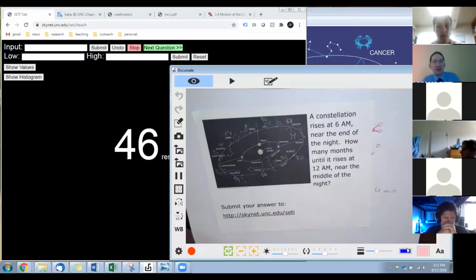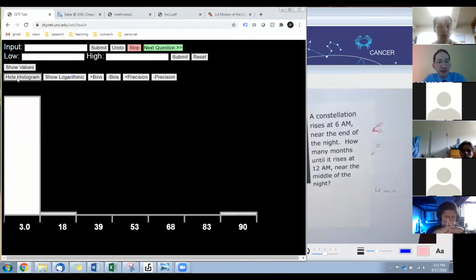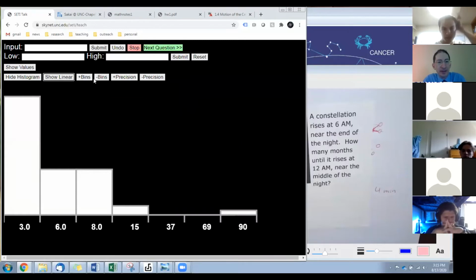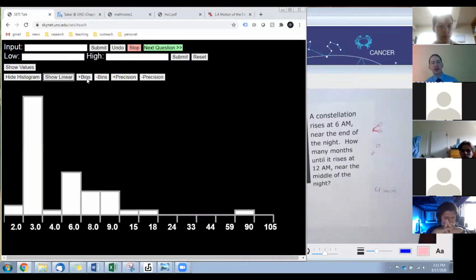Okay, you can keep submitting, but let's take a look at what we have. Okay, looking at the values there, I see a lot of the correct answer. Look at the histogram. Maybe add some bins here. Yeah, so most of you got the right answer. 3 months is the right answer. So let's work through that calculation.